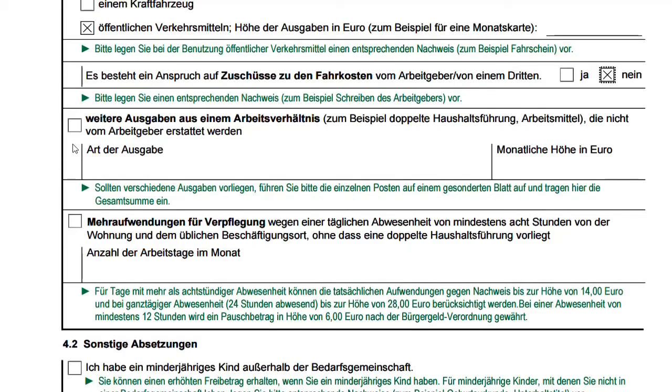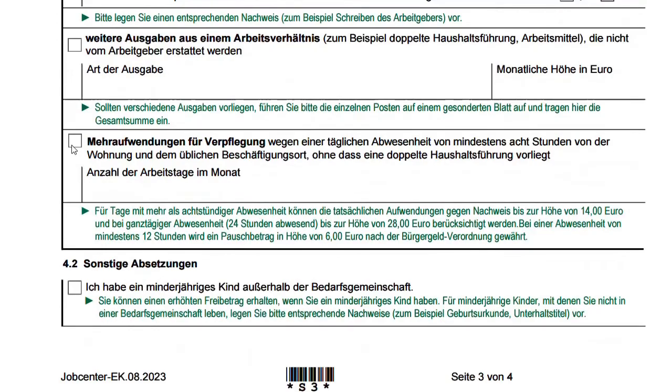If he or she has other job-related expenses, for example, if he has 2 apartments or 2 homes, or he spends money for work materials which are not paid by his or her employer, you mark here with a cross.